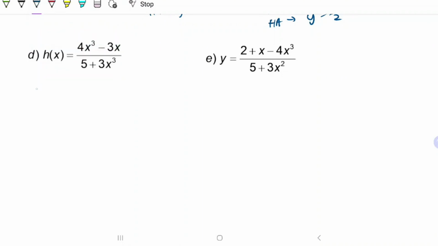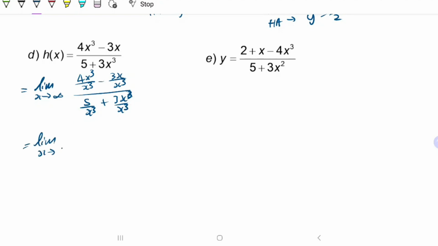Let's come back to this one again. We'll take the limit as x tends to infinity. The highest power we have is x to the power 3, so we will divide by x to the power 3. From there, we continue to take our infinite limit.